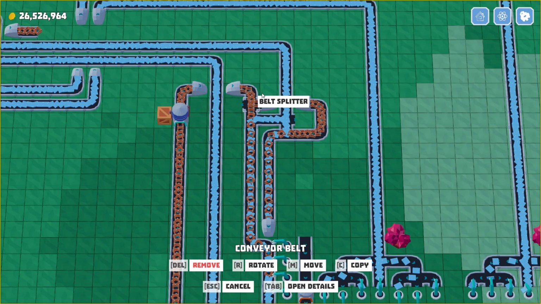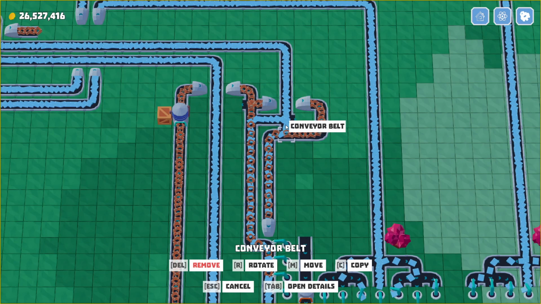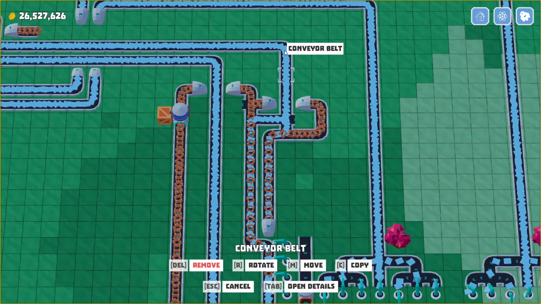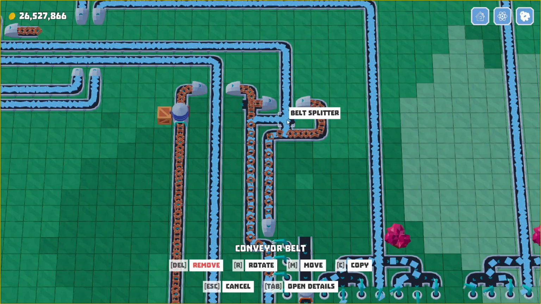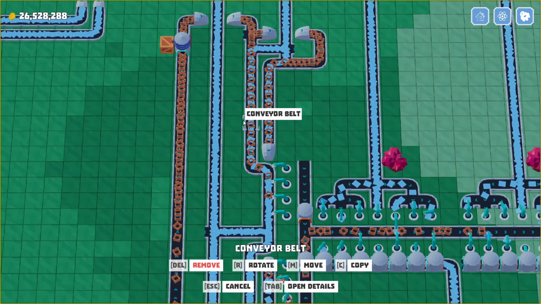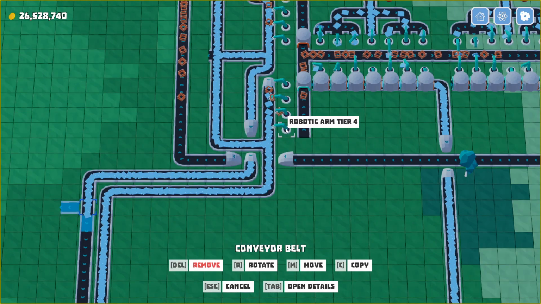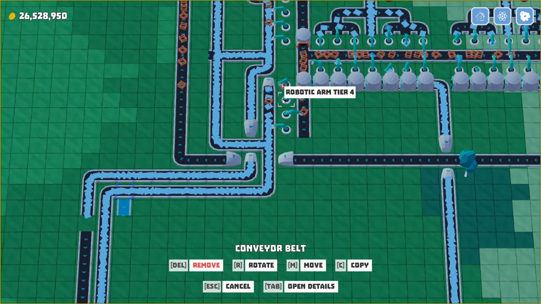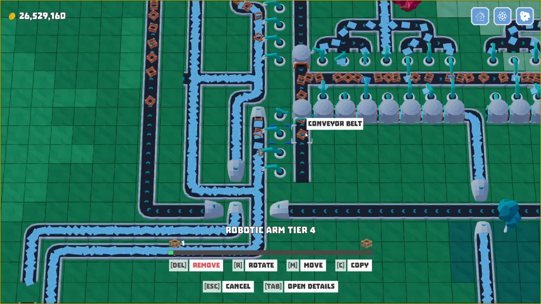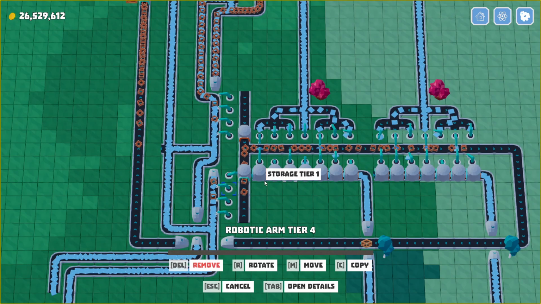These are inserted up here, and these are inserted in every other position to a plate line. So more or less I'm taking a full conveyor belt and splitting it into two portions, and those can be picked up by these robot arms here. So if this line is on, we are grabbing frames. That's the simple bit of it.